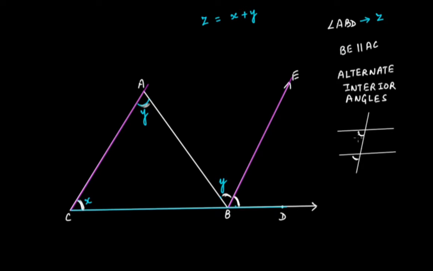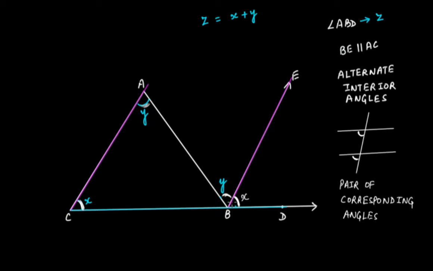Why? These two angles are actually a pair of corresponding angles. Therefore, this angle will be equal to this angle because of the pair of corresponding angles. That's why this angle will be equal to X.